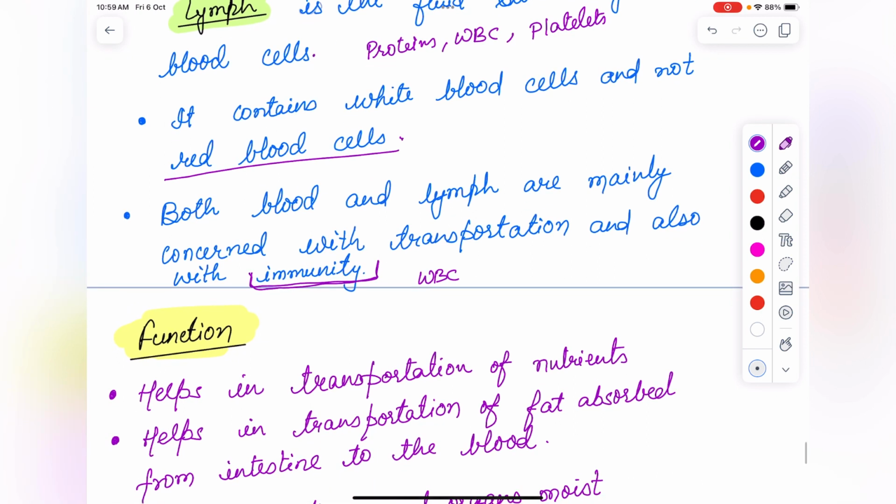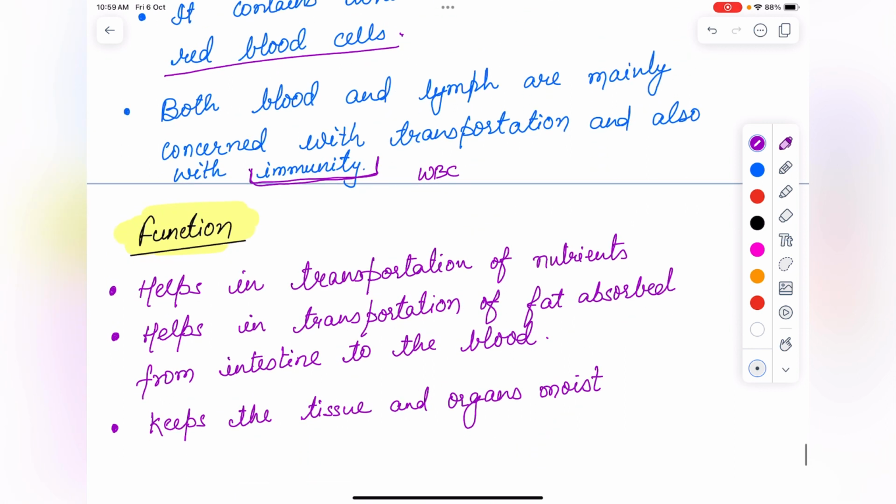Now we will see the function. As I told you, it helps in the transportation of nutrients. Nutrients that are filtered out from blood capillaries into the lymph are transported back by the lymph into the blood, and it will be through the heart.